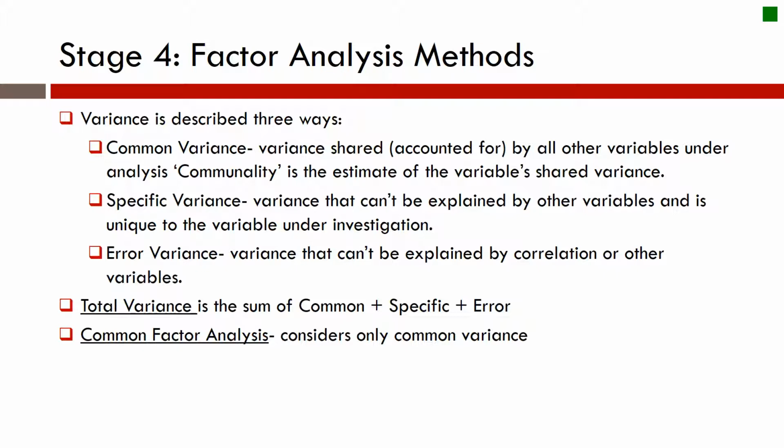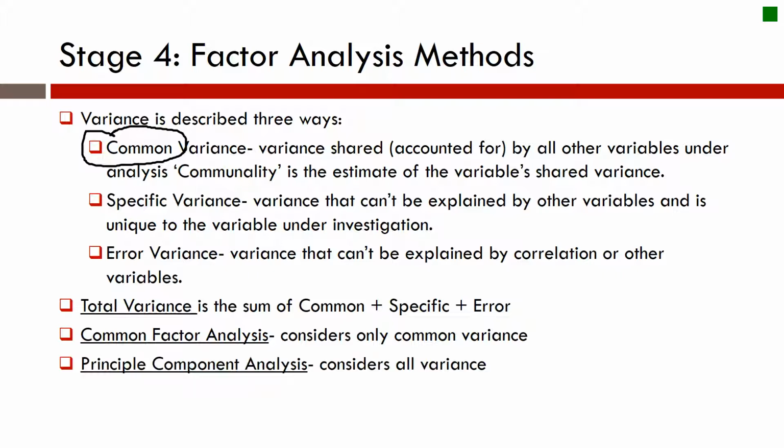Common factor analysis primarily focuses on the common variance that is shared between variables in order to come up with the factors, or the groupings of variables, that we're going to look at. Principal component analysis, or component analysis for short, considers all the variance together. And actually, component analysis is the type of analysis that is used more often than any other.